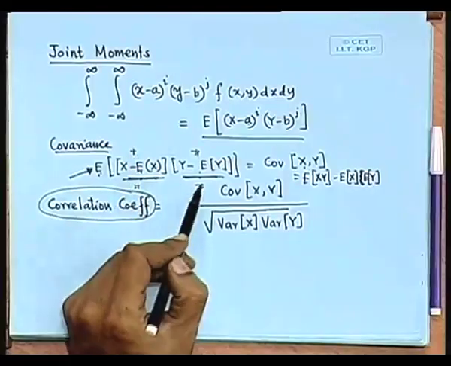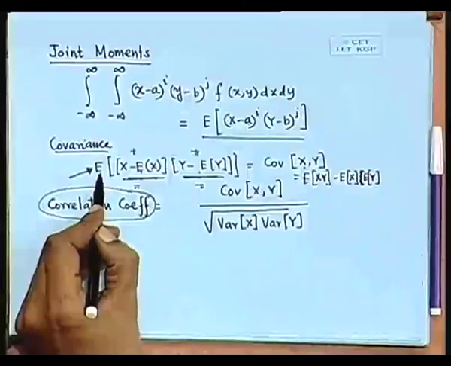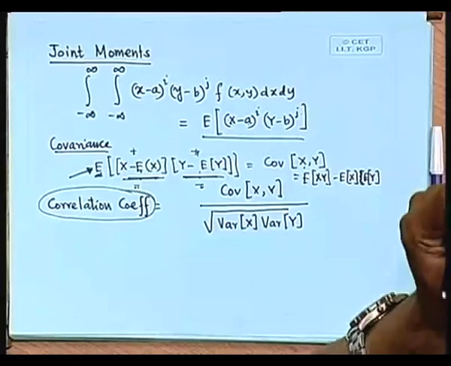But if in general plus minus, plus plus, and all the four cases occur uniformly, then you can roughly say that the variation patterns of x and y have no relationship. Sometimes this is positive, that is negative, and these occur more or less uniformly. Then this expectation value is going to be low, a number very close to 0. In such a case, x and y are said to be uncorrelated.